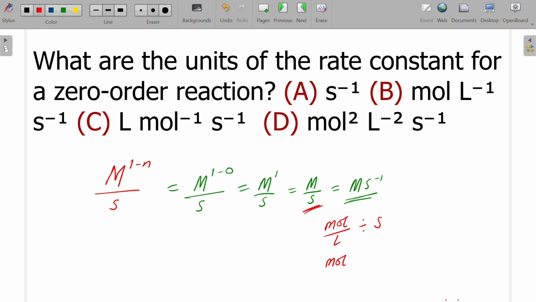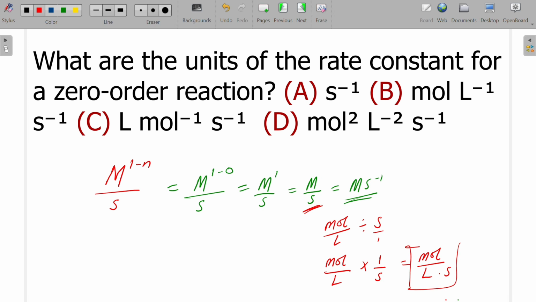And this will just be moles over liter. We introduce the multiplication sign. It means we need to switch the denominator and the numerator on the other side. So this is like over 1, and now here it will be 1 over s. So on the other side, we'll have moles per liter multiplied by seconds.